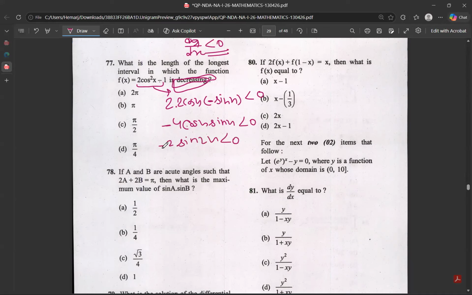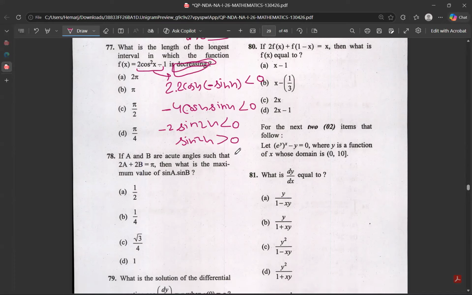Now take this minus 2 to the right hand side. This will become sin 2x. When you divide 0 by minus 2, it will be 0. But if you are taking minus 2 to the right hand side, the sign of the inequality will change. This will become greater than 0. Sin 2x greater than 0.